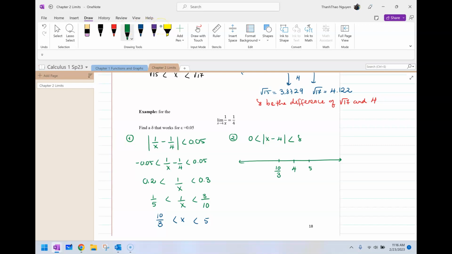So we choose delta to be the distance between 10 over 3 and 4, and that is 2 over 3.